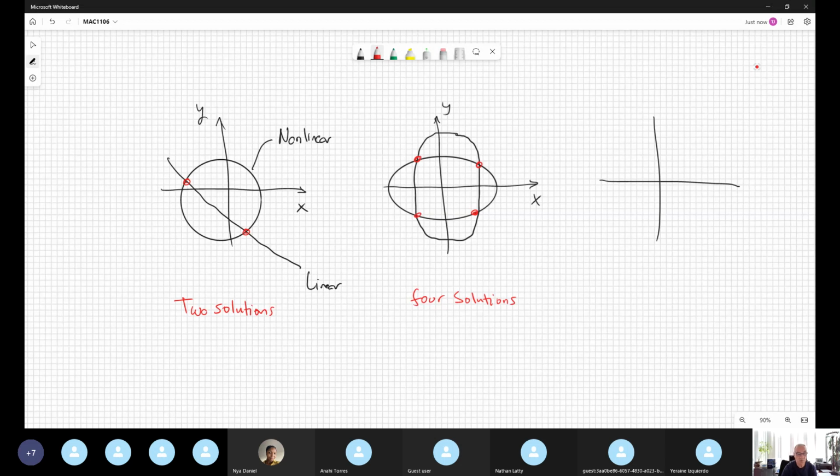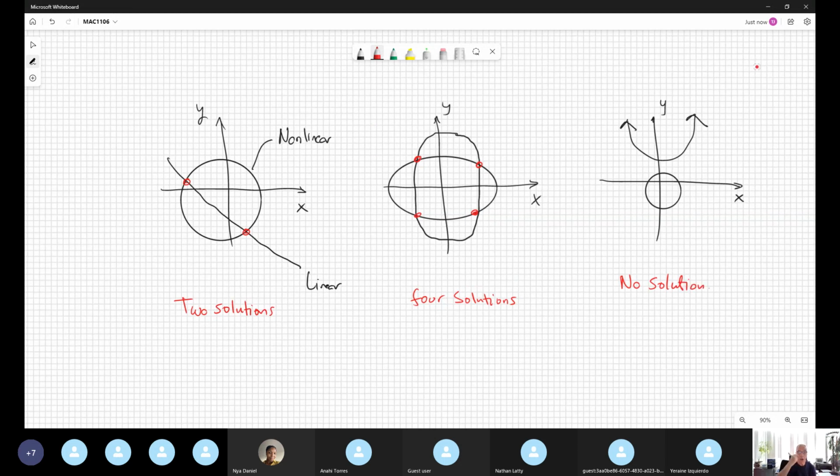Plural solutions. And suppose we also can have one parabola like that, one nonlinear equation, and a circle like that. In this case, there is no common point, because we have no solution. No solution.